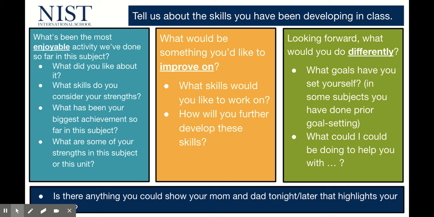So before we get started this lesson, we all need to do this. You should have your student parent teacher conference documentation. I just want you to pick out some questions and fill that in. I've just reorganized the same questions that you've seen in other lessons. So the first thing, what are the skills that you've been developing in the class? In the blue boxes, we have our wow column.